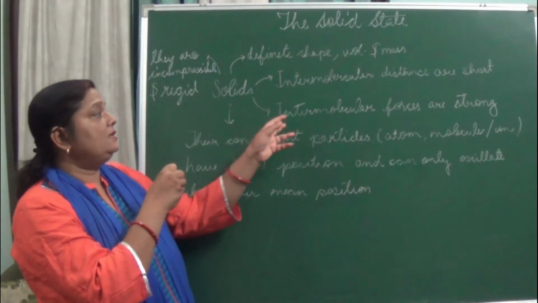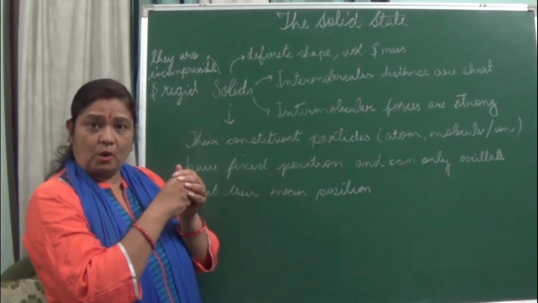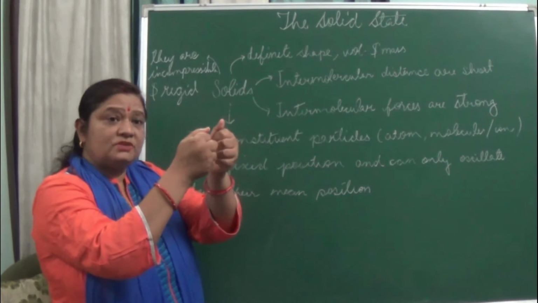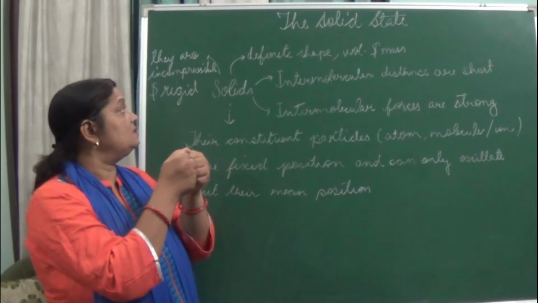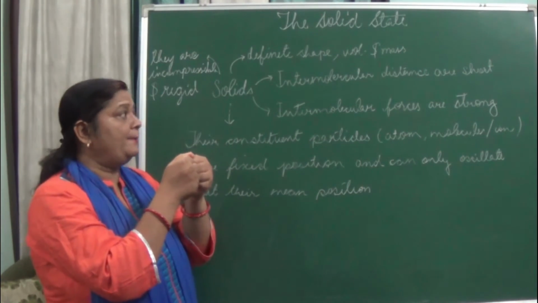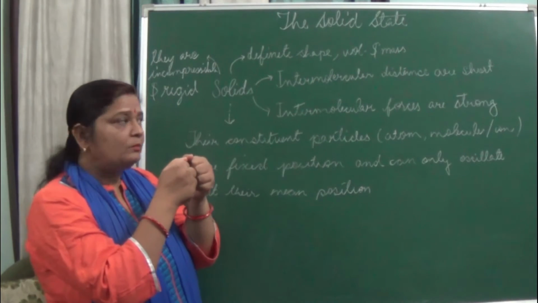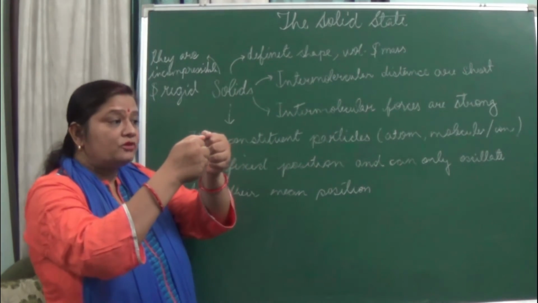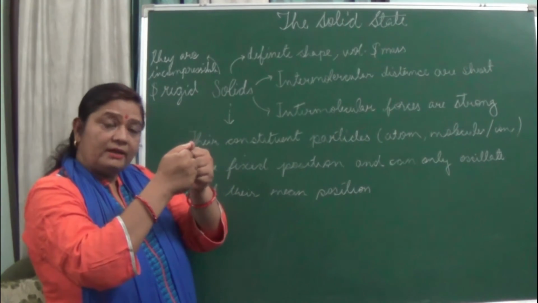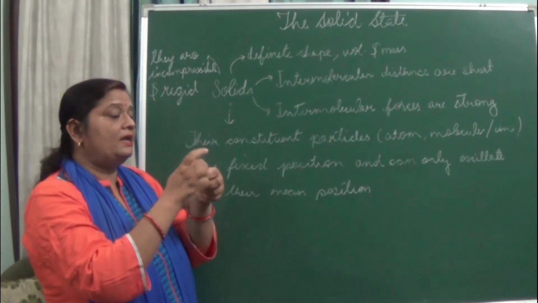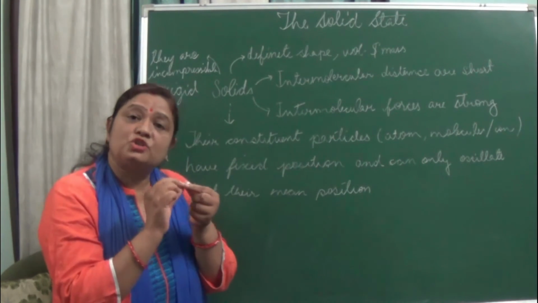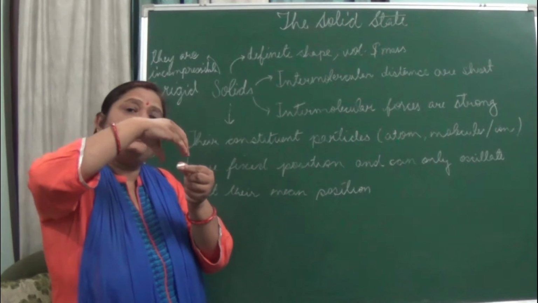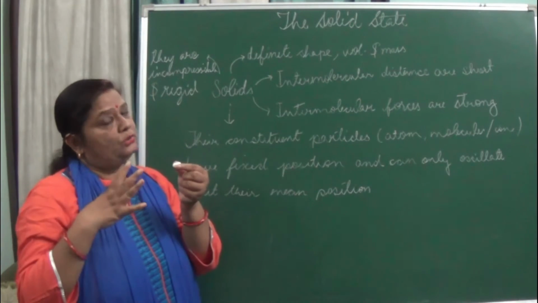Now, intermolecular forces are strong. If the atoms are too close, if the molecules are too close in case of solids, what will happen? Intermolecular forces will be more, and these intermolecular forces are only bringing it together, isn't it? So in case of these solids, intermolecular forces are strong because they are only keeping the atoms close together.